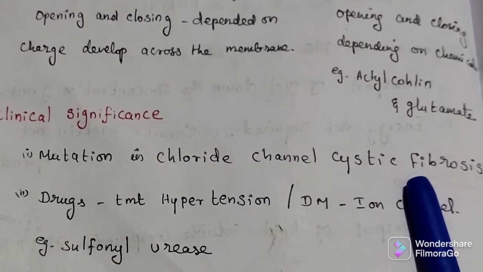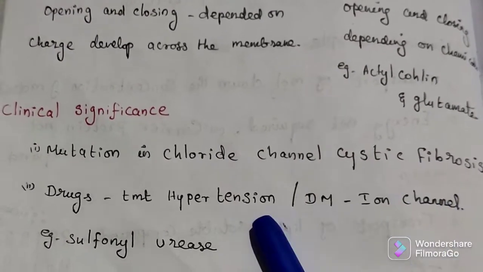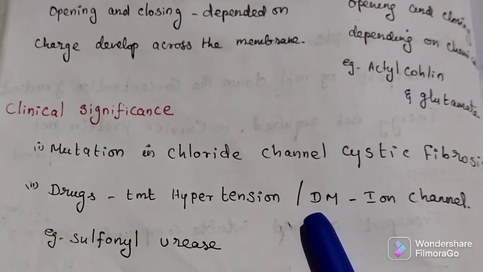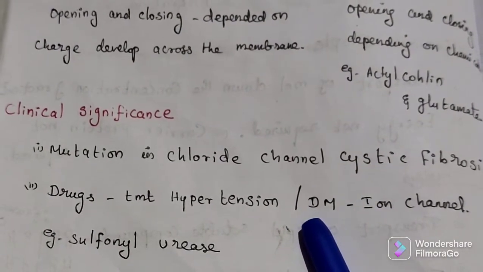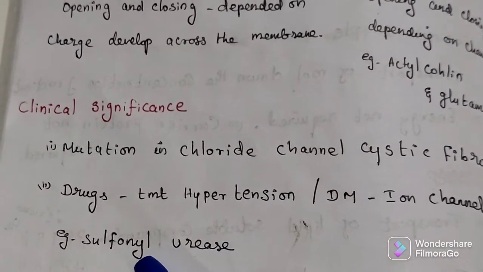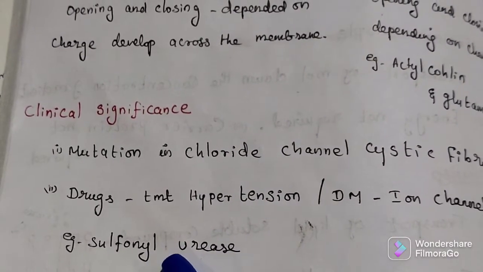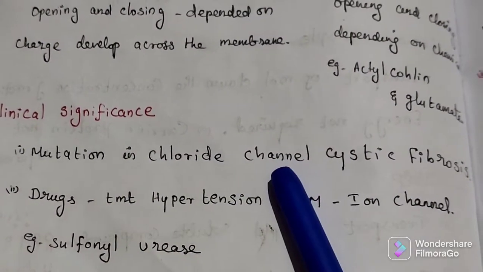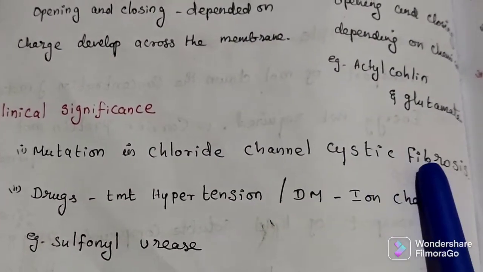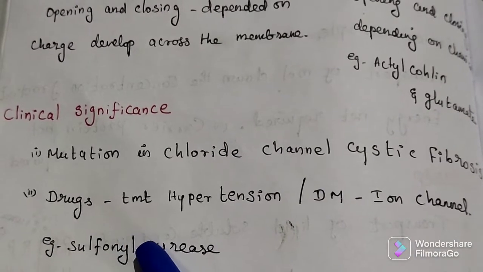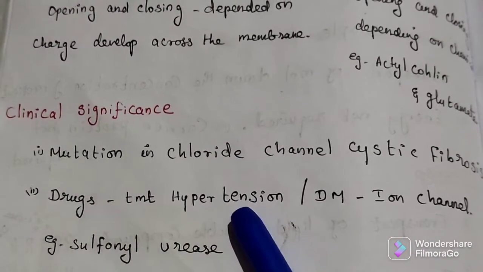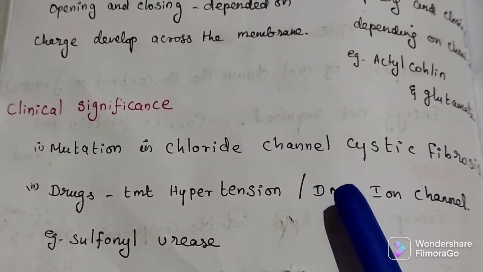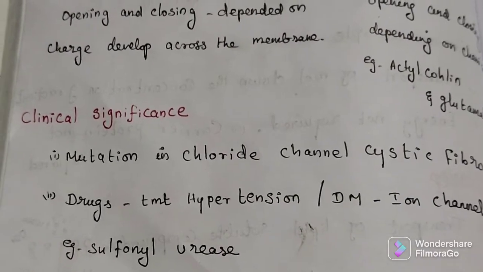Various drugs which are used for the treatment of hypertension or diabetes mellitus affect the ion channel, for example sulfonylureas. So what are the clinical significances? Mutation in chloride channel leads to cystic fibrosis. Various drugs used for hypertension and diabetes mellitus affect the ion channel.